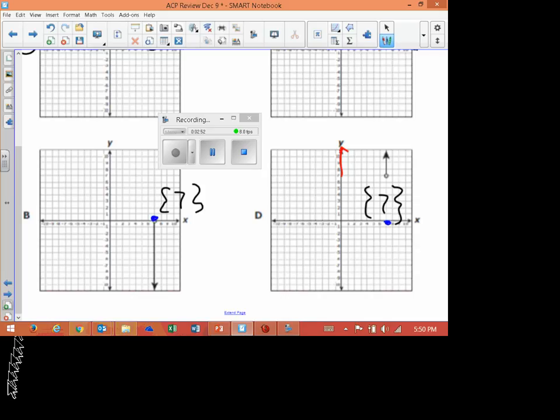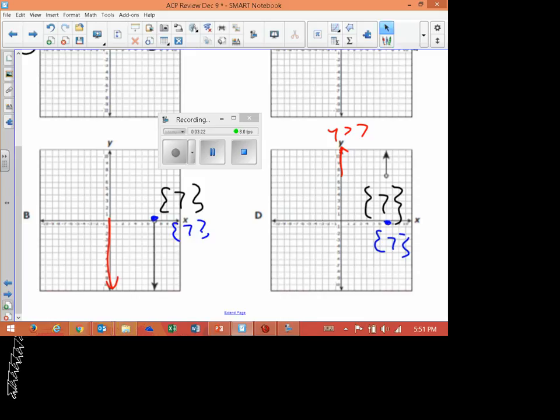But the range starts at 0 and goes on forever. The red line is the range. The blue dot is the domain. Again, the range here is all y greater than 7. The domain, I'll write it again in blue, is just 7.